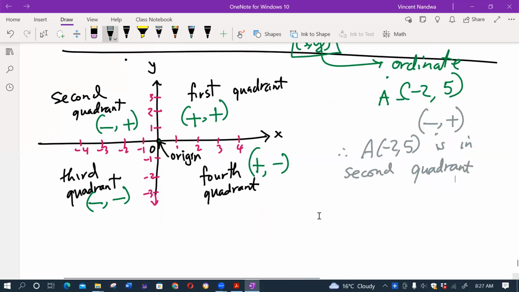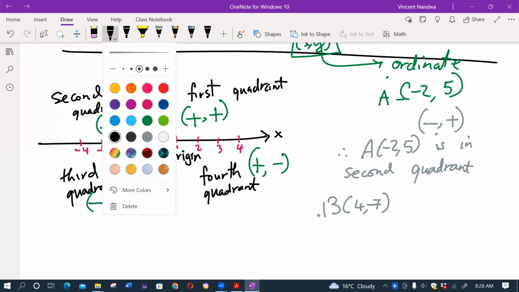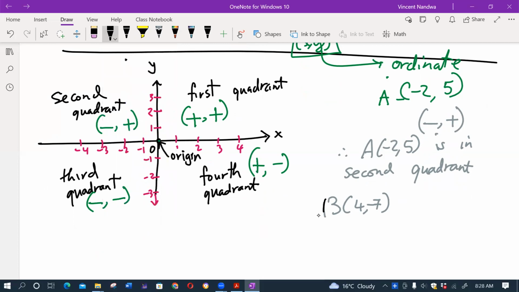Point B is given by 4, -7. Now 4, -7 is plus, minus. Plus minus is the fourth quadrant. So B (4, -7) is in the fourth quadrant.